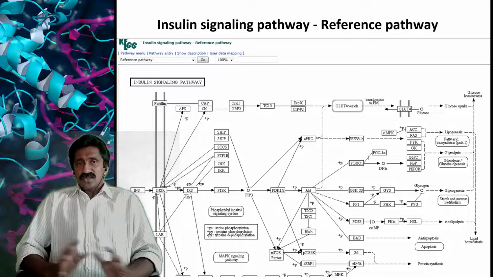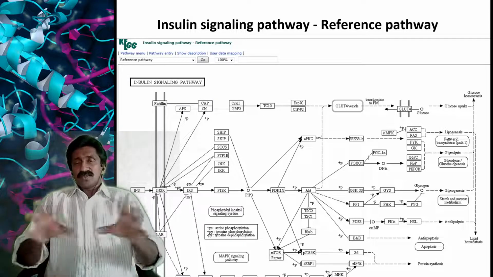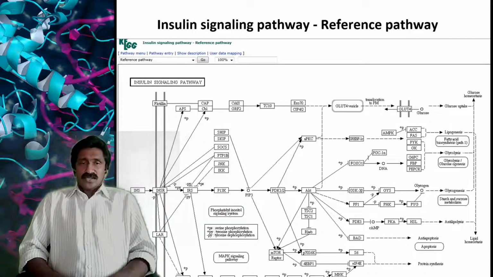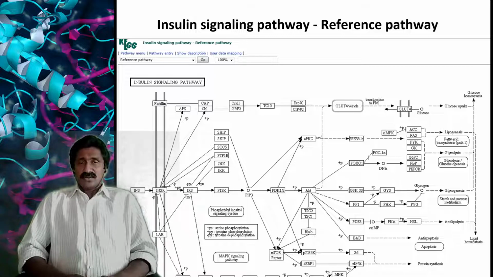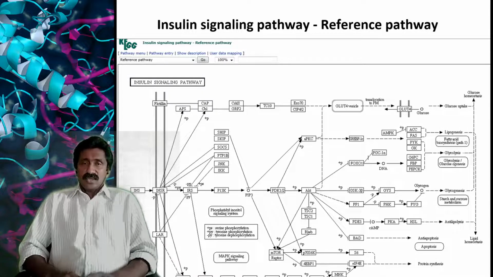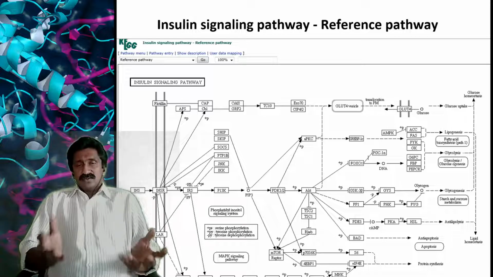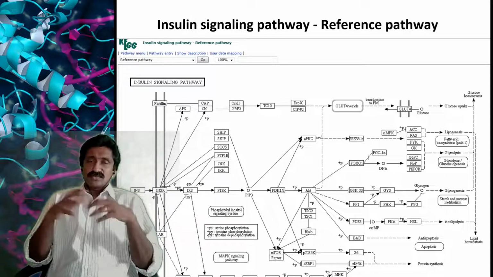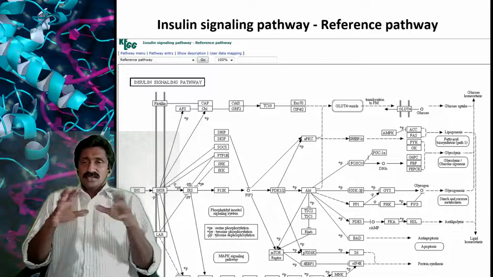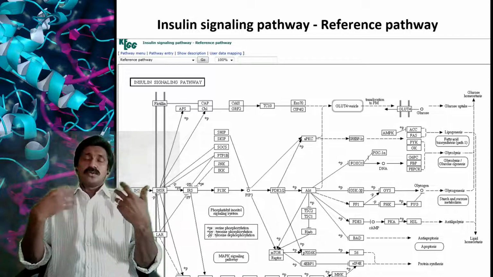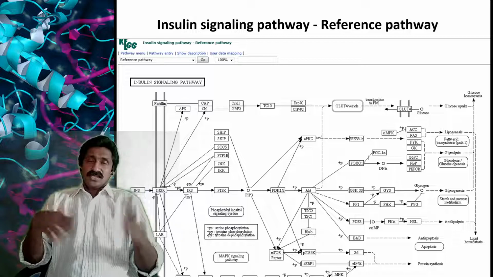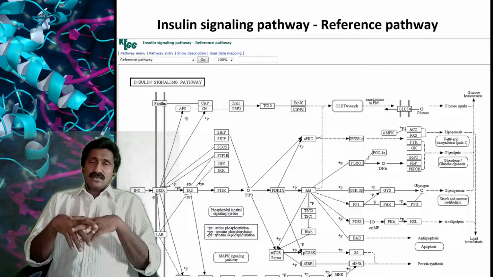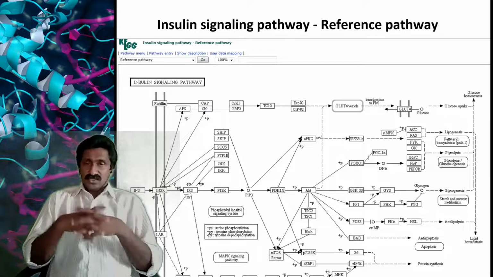So the entire insulin signaling pathway is now available to you, so that you can have a better understanding of the insulin signaling pathway and the various other enzymes that are involved, so that you can even try to develop some research ideas related to the insulin pathway based on this.